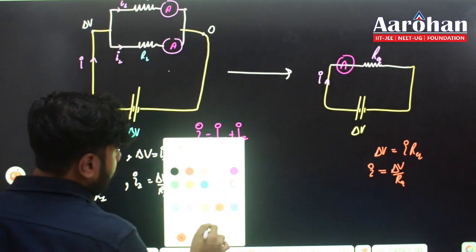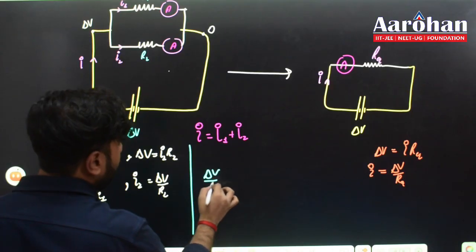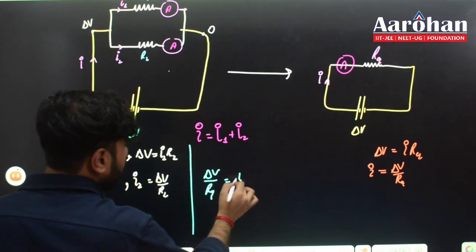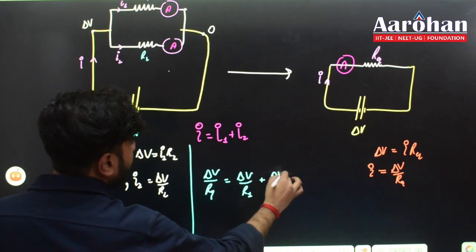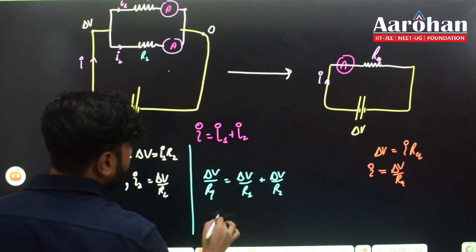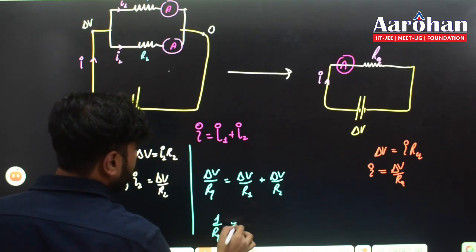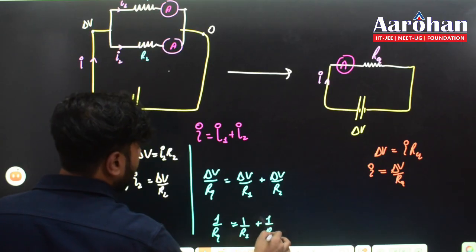Once you replace the values, you will see delta V by R equivalent, delta V by R1, delta V by R2. On simplifying, you will get 1 by R equivalent is 1 by R1 plus 1 by R2.